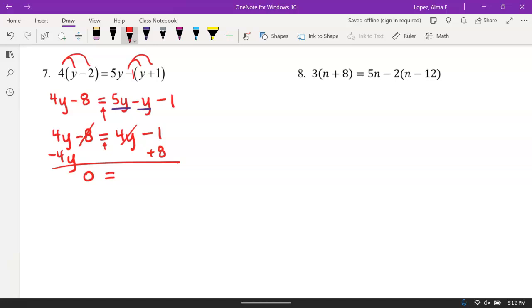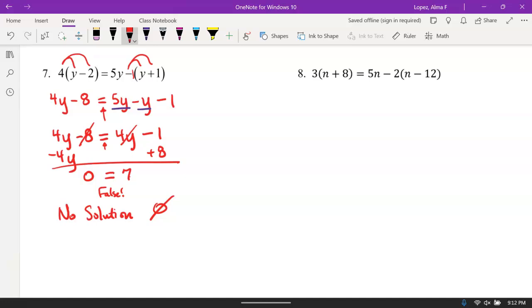And negative 1 plus 8 makes 7. Now, that's a lie, isn't it? 0 equals 7. Anytime an equation lies to you, it is a no solution. You can either write the words out or you can write a little circle with a line through it to show that there is no solution.